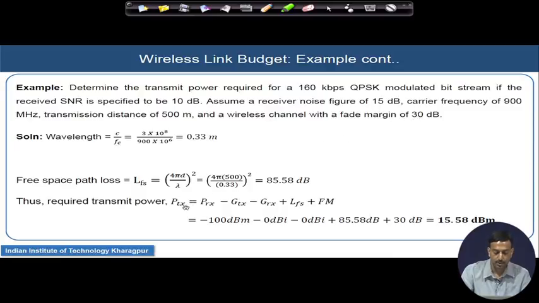So taking the terms to the other side, the transmit power turns out to be equal to the received power minus the gains plus the free space path loss plus the fade margin, and the value calculated using the values above is 15.58 dBm.